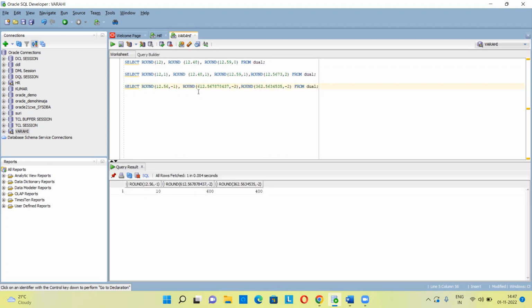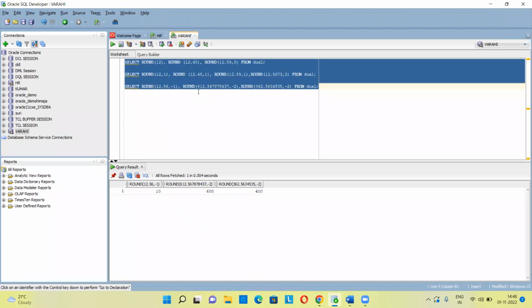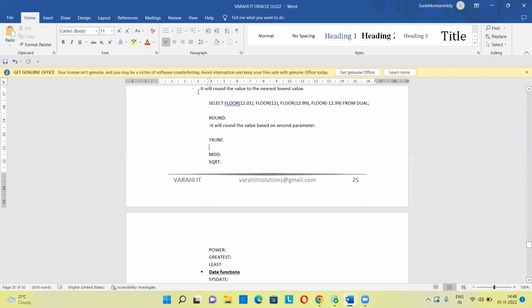Clear? Yes, sir. Okay, so that is about round. It is just going to round your input value based on your second parameter. That's it. Very simple. Clear, right? Now we'll go to trunc.